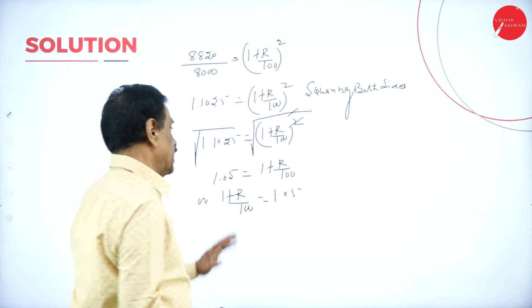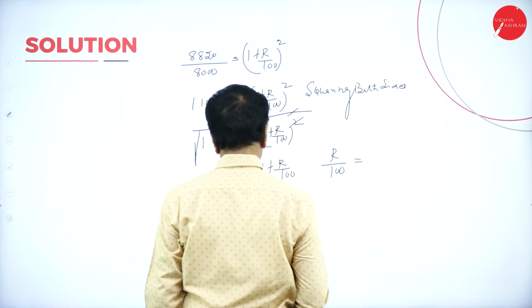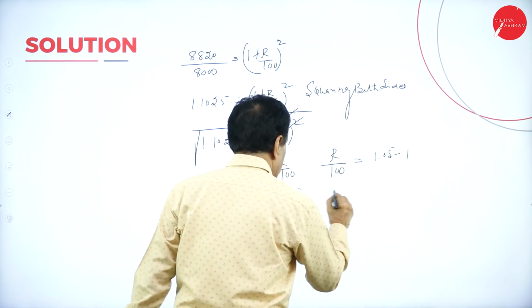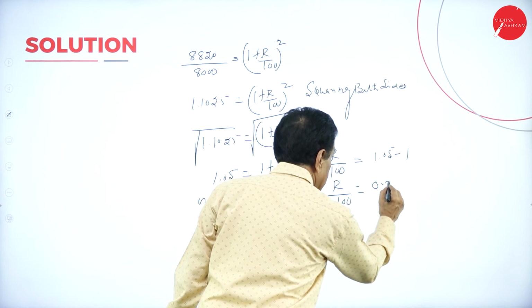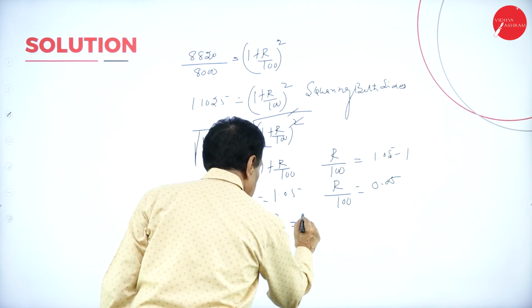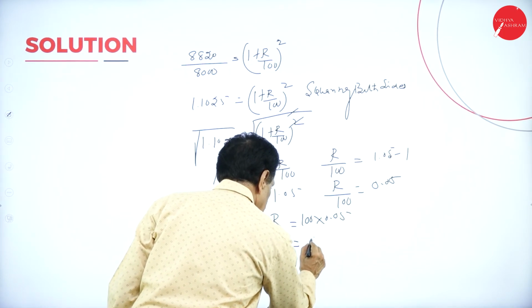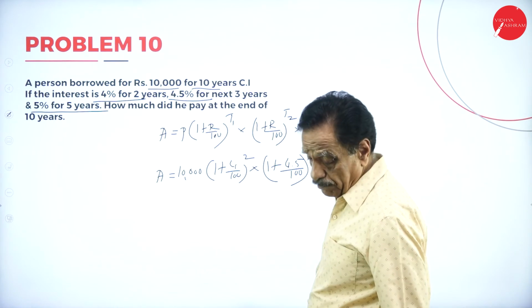You take 1 to that side: r over 100 is 1.05 minus 1, which is 0.05. Cross multiply. R is equal to 100 into 0.05, which is 5. Same type. This is important.